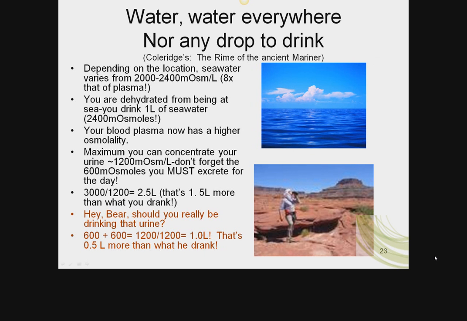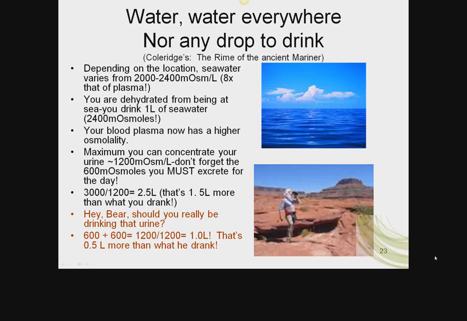So you consume your 0.5 liter of urine that's already maximally concentrated. You are now consuming back the 600 milliosmoles that you need to get rid of per day. So you consume those 600 back, but the next day you still have 600 more you have to get rid of, plus the 600 that you consumed right back into your body.